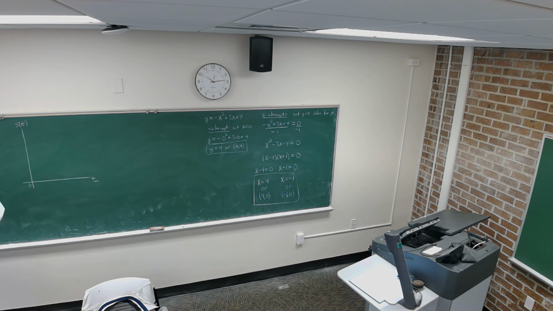Now we're told that the ball is thrown from the top of a building 60 feet high, or excuse me, 160 feet high. So here's the building, and on the vertical axis, right, the top of the building is at y equals 160.